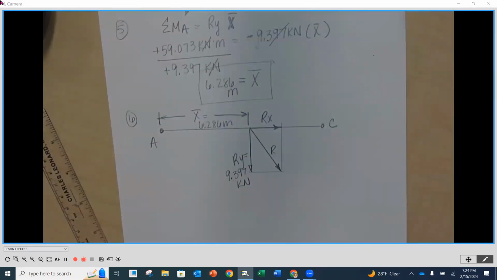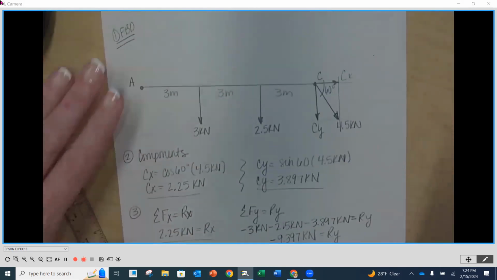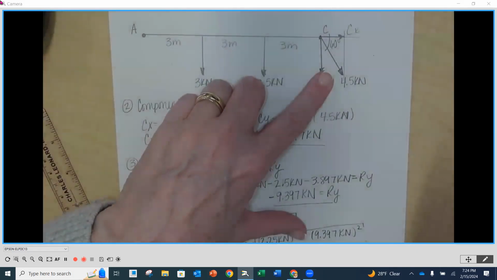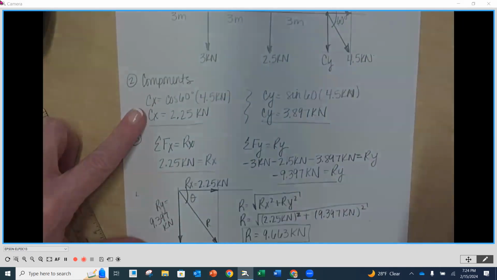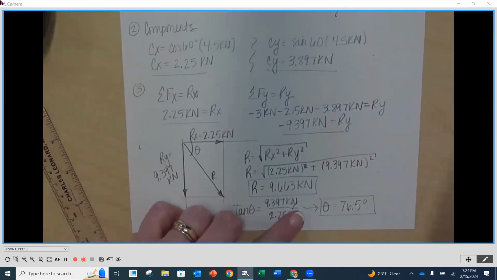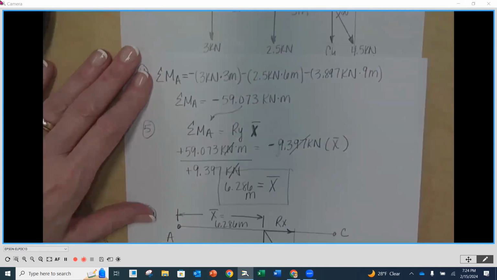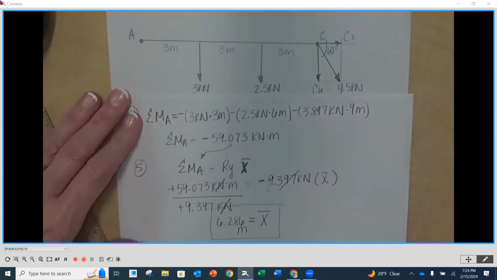So just to review our process, start out with our diagram. Break any forces that aren't on the X and Y axis into their components. Find the Rx, the Ry, and solve for the resultant and its theta. Don't forget it's theta. That's part of the direction. Then we're going to do moments to determine the moments of the individual forces.